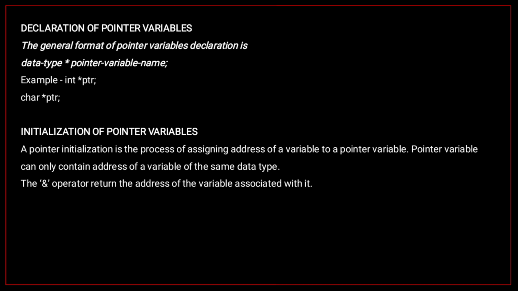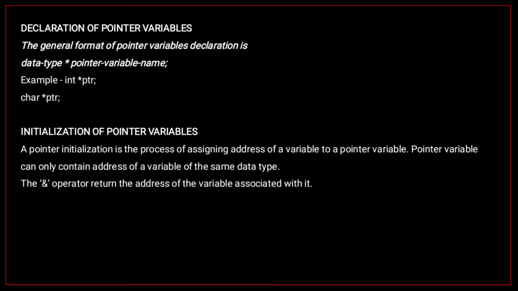So this is the example how to use this pointer variable: int star ptr semicolon. This is the first example. Second example, char star ptr semicolon. तो इस तरह से हम पॉइंटर वेरिएबल का यूज़ करेंगे प्रोग्रामिंग में.